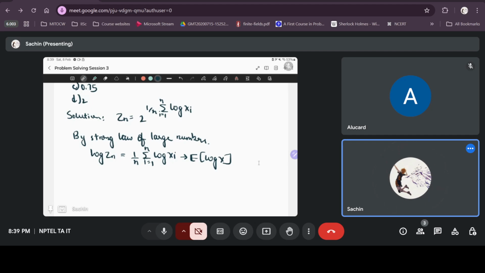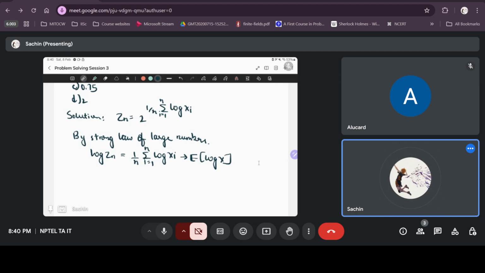Then if you don't really know the distribution of x or the distribution of the experiment, you can conduct n trials of that experiment and find out the values of the random variables in those n trials, sum all those up and divide by n. So that's your sample mean.